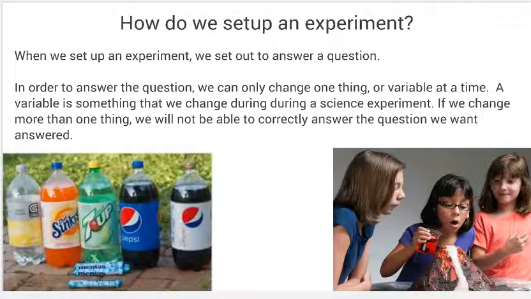So a variable is anything that changes or that we change during a science experiment. And if we change more than one thing during a science experiment, we may not get a correct answer to that question. We may get an answer, but it's not the answer that we want, and it's not the answer to our question.